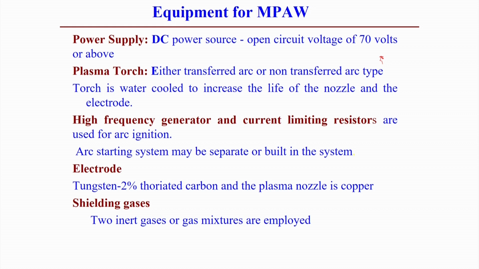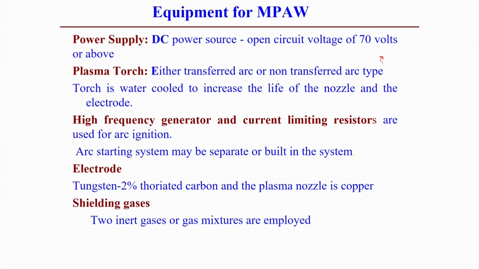An arc starting system is normally found in any microplasma arc welding machine, and a tungsten electrode is used for microplasma welding along with a copper nozzle. And for sealing gas, two inert gases or gas mixtures can be employed.